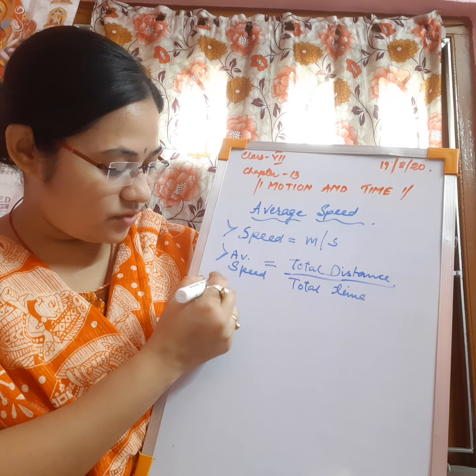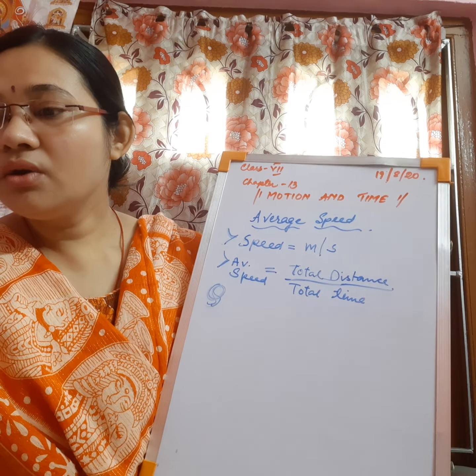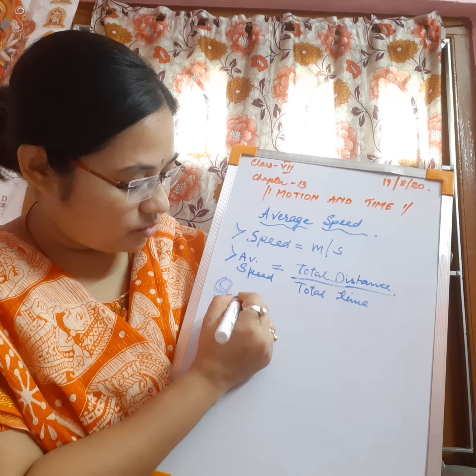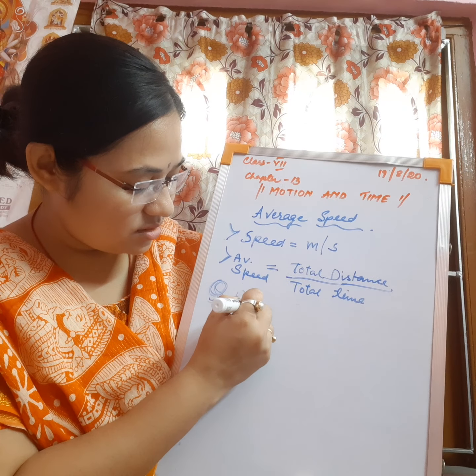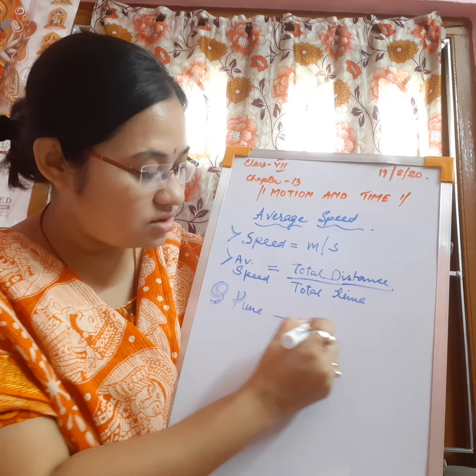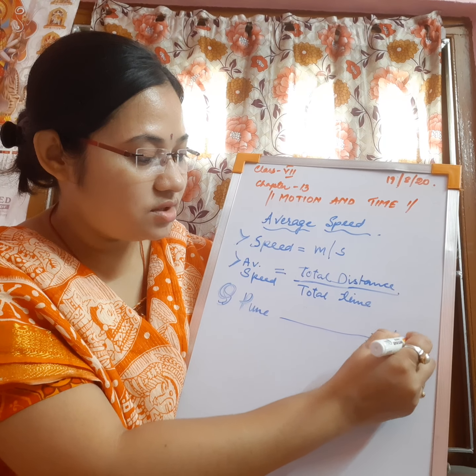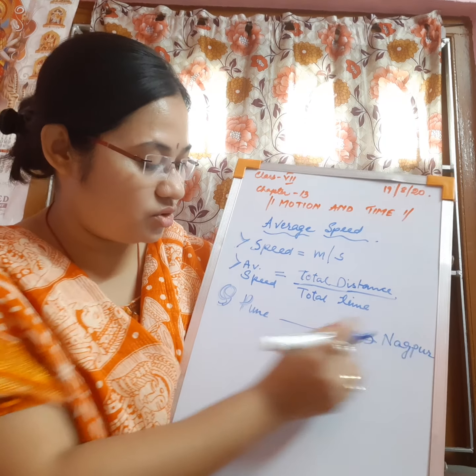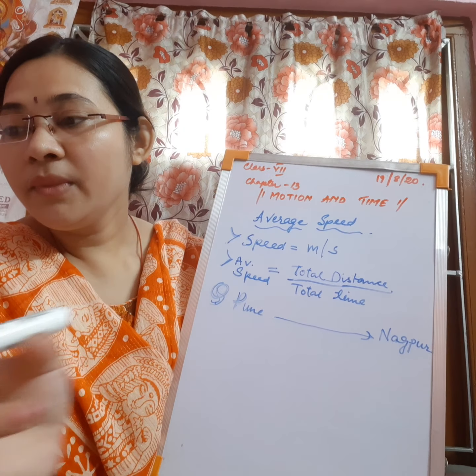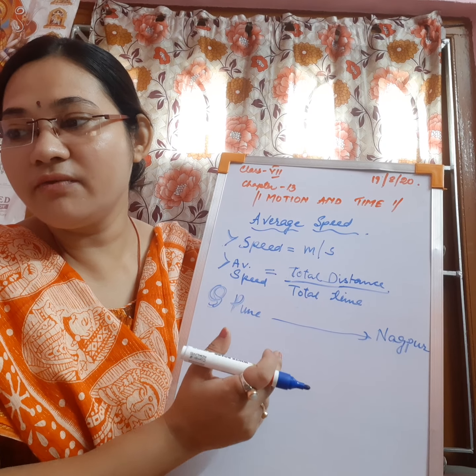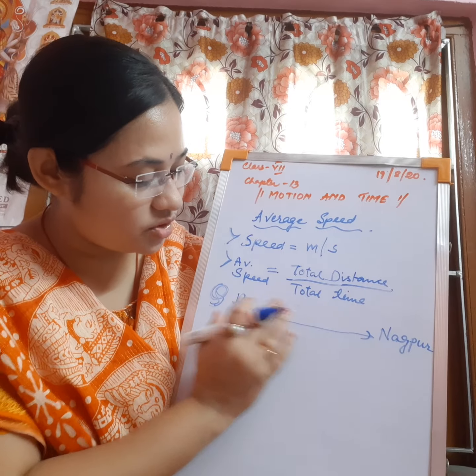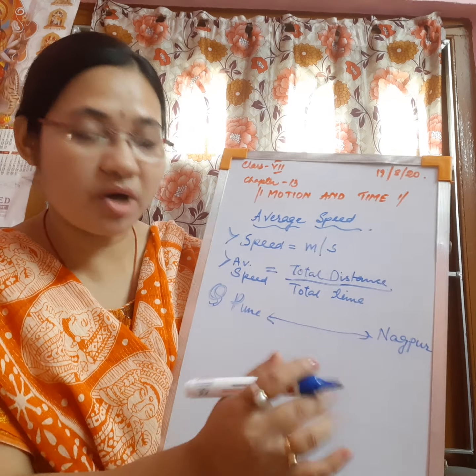Once again, the question says that Rahul goes from Pune to Nagpur. Rahul drives his bike for 2 hours at 60 kilometers per hour. Suppose we divide this journey into two parts.